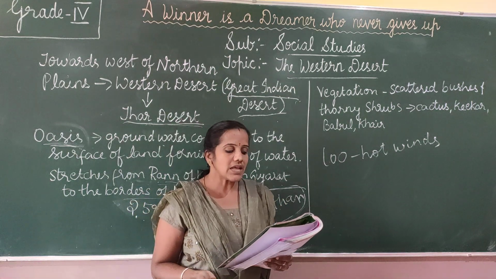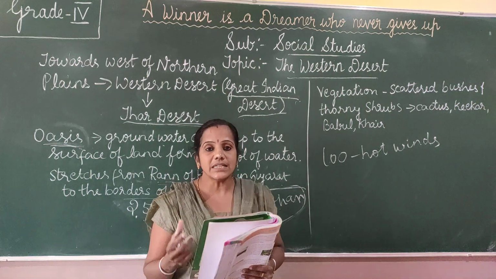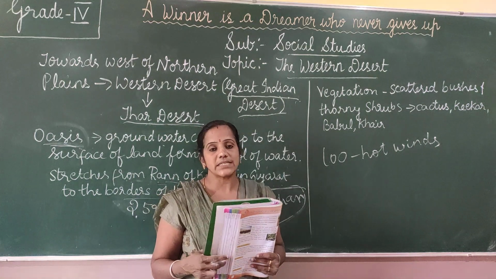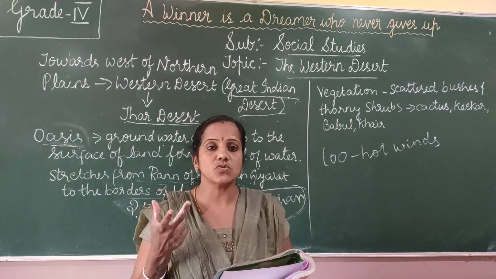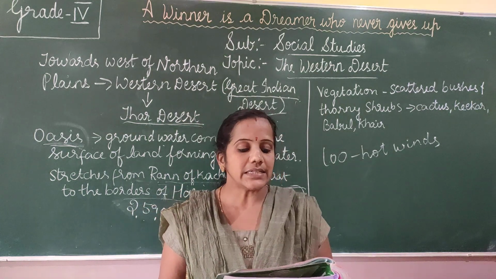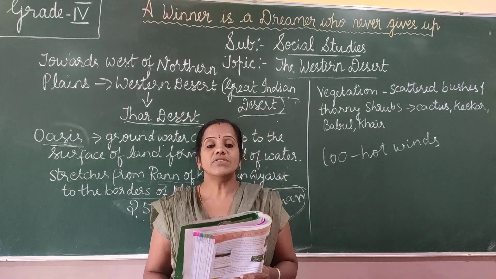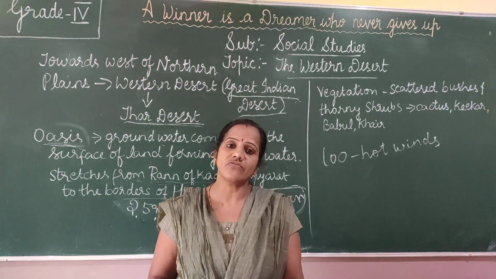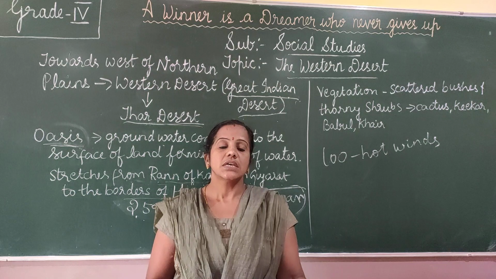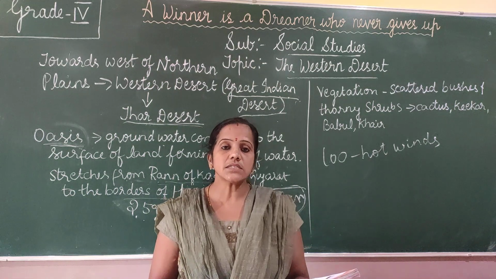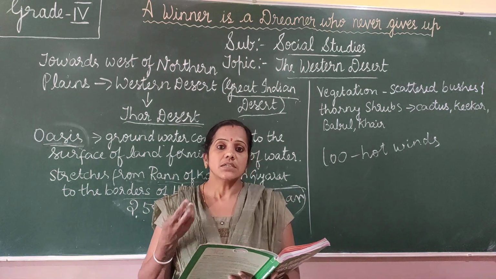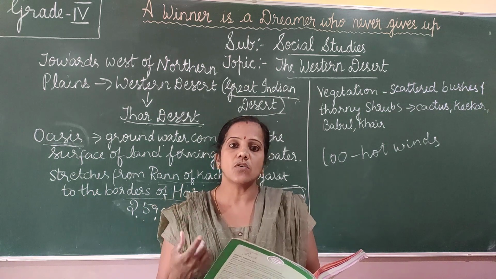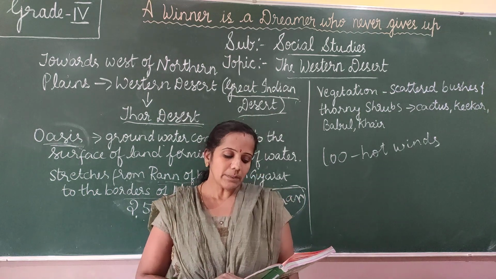So small and waxy leaves help in conserving water, and some plants have thorns which reduce the excess loss of moisture. Instead of leaves, they have thorns. Okay, they store water in this thorny type of plants.